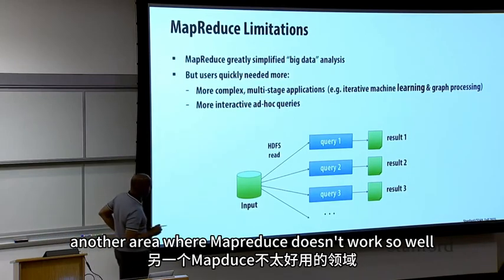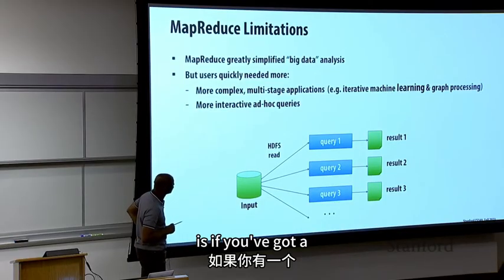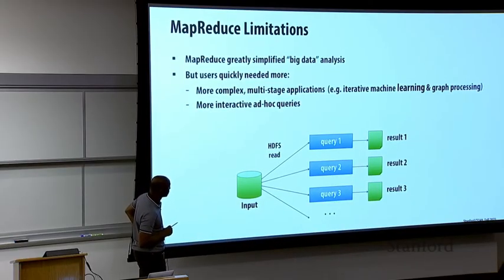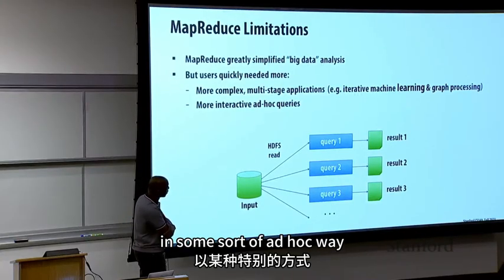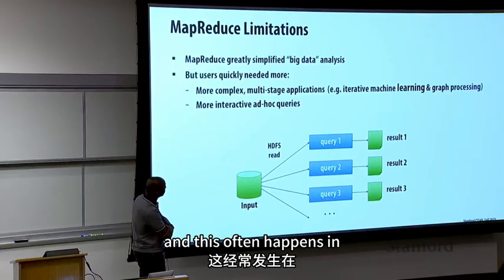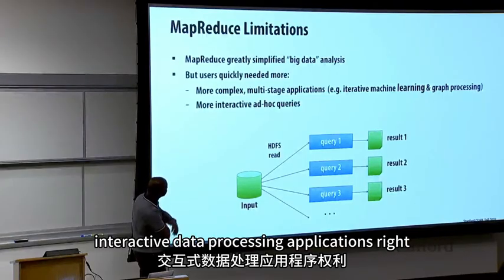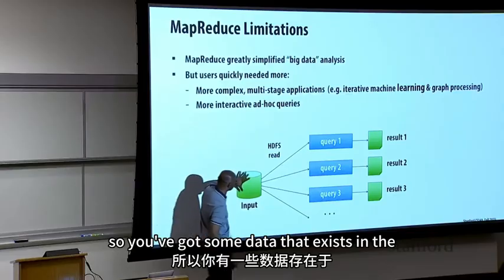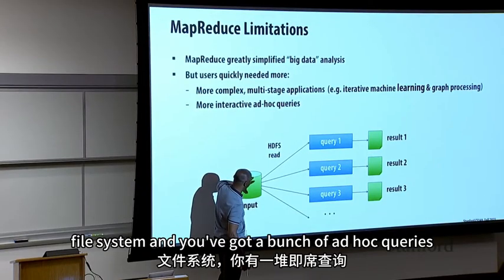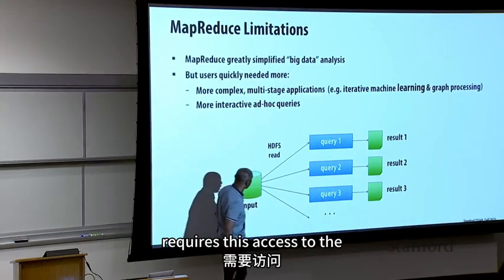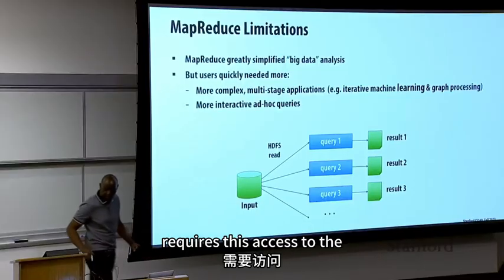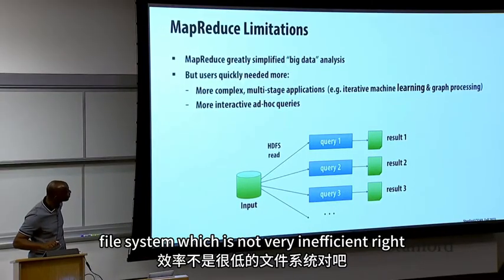Another area where MapReduce doesn't work so well is if you've got a set of data that you want to query in some sort of ad hoc way, and this often happens in interactive data processing applications. So you've got some data that exists in the file system, and you've got a bunch of ad hoc queries, and each of them requires access to the file system, which is very inefficient.